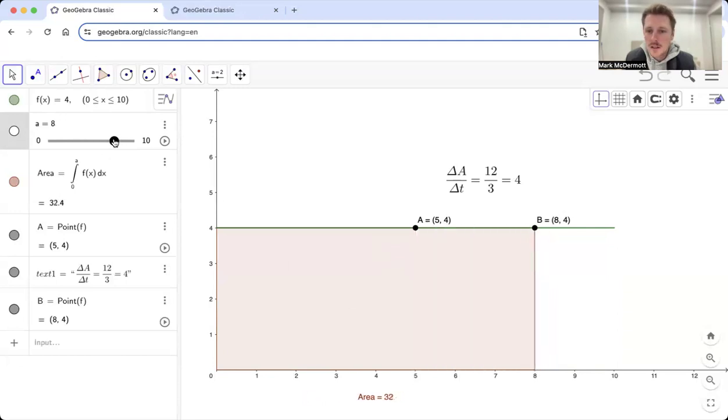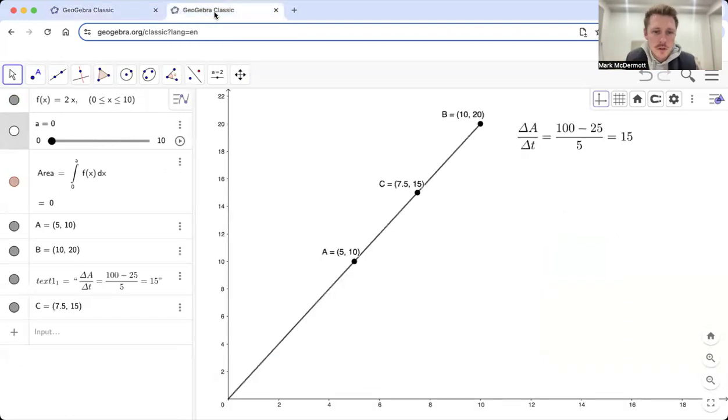And similarly at this point here, after 8 seconds, it's still filling up at the same rate, which also happens to be 4. And obviously, if we take the average rate of change between both of these points, it turns out to be 4 as well. So you can see how the rate of change of area is linked to the value of the function at that time t.